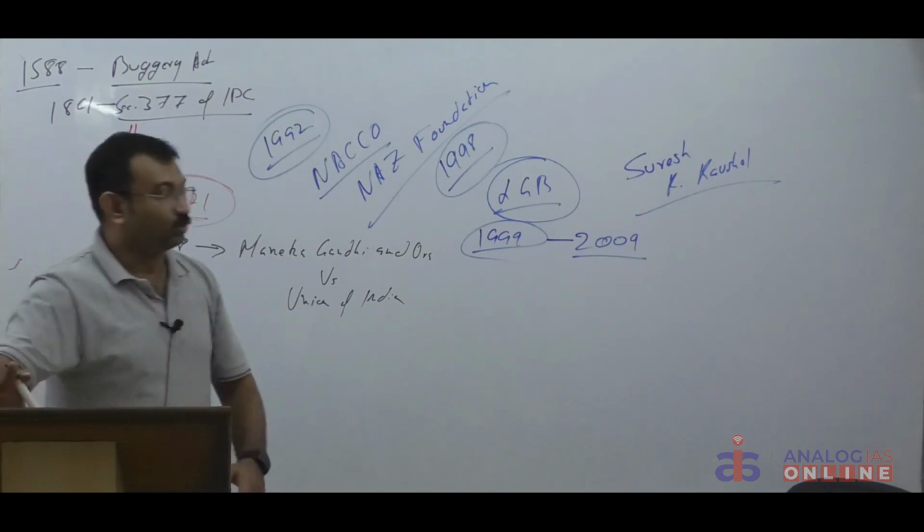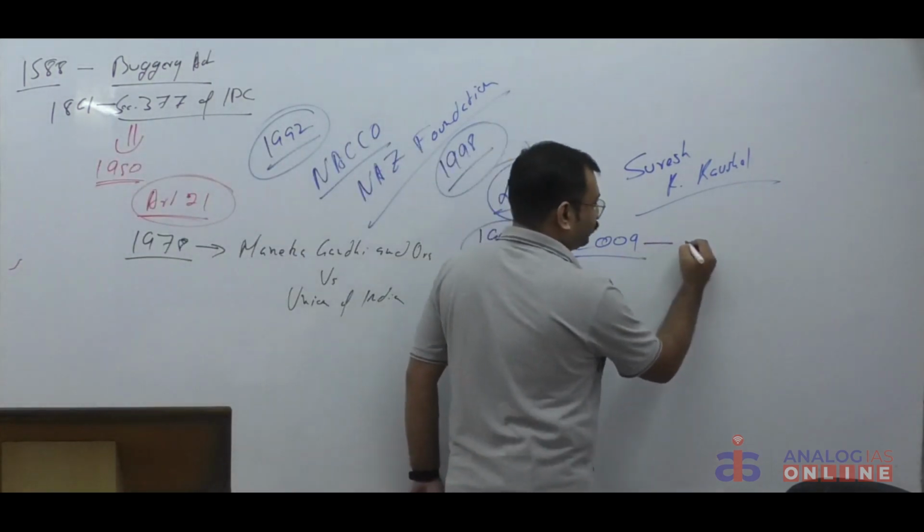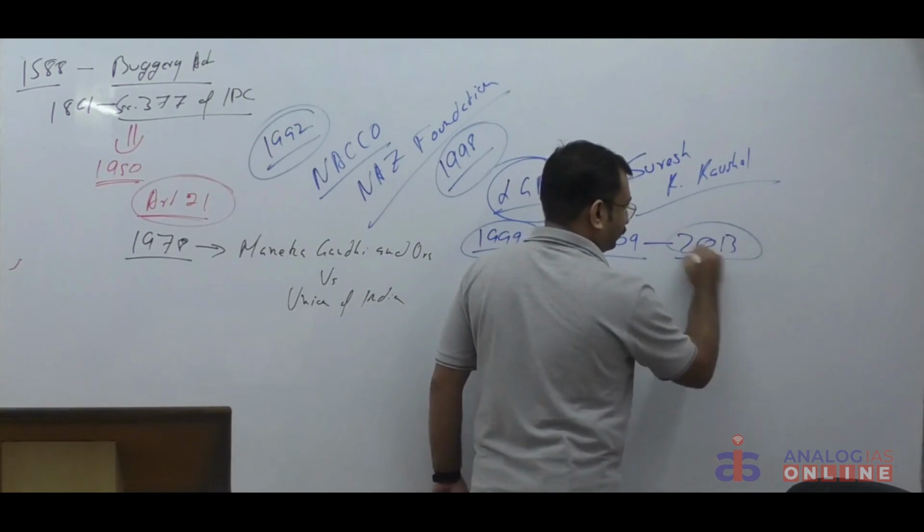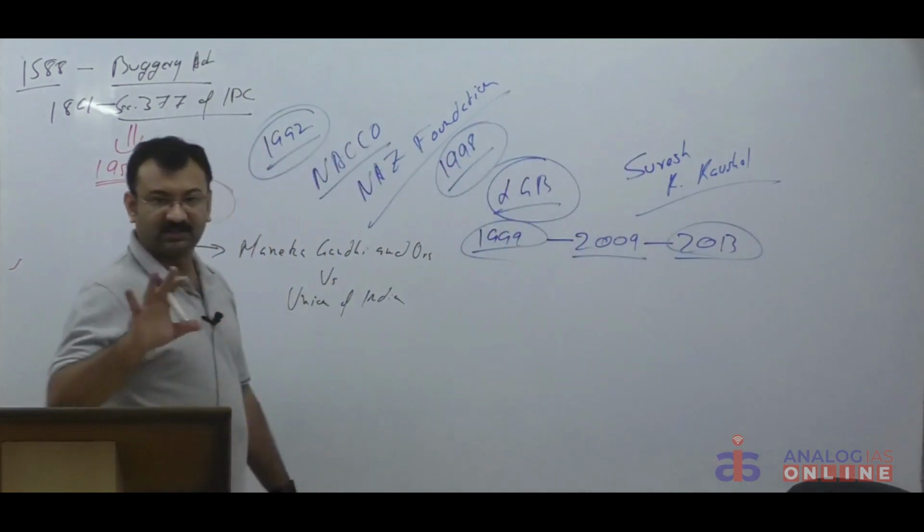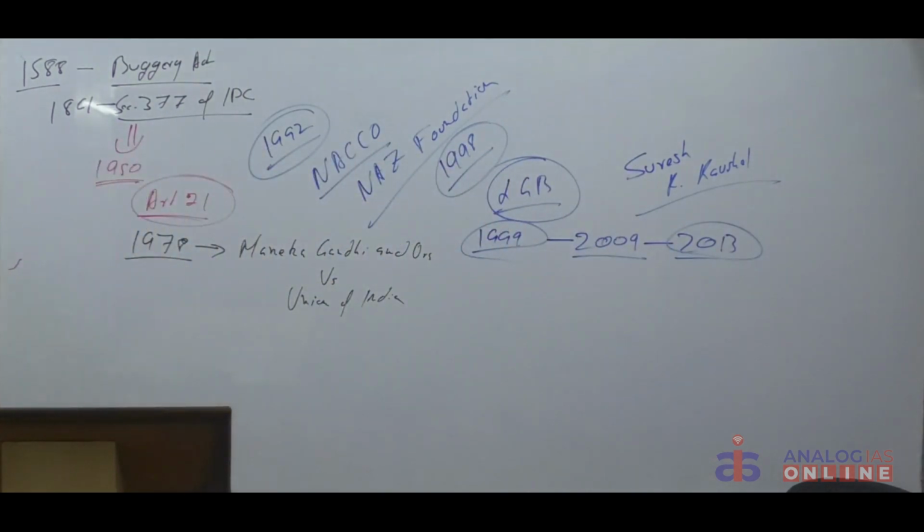Listen to the verdict of the Supreme Court. The Supreme Court will give its verdict in 2013. Four years of discussion. The Supreme Court gives its verdict. The Supreme Court says the Delhi High Court was absolutely right.